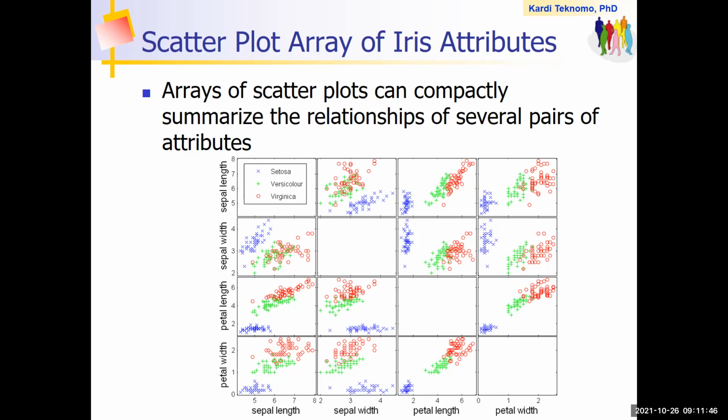Iris is a flower, so there are three types of flower: setosa, versicolor, and virginica. So then you can see different clusters of the data between different types among different variables or different attributes. In here you have 4 attributes: sepal length, sepal width, petal length, and petal width. So if you have many variables, you can put them into an array.